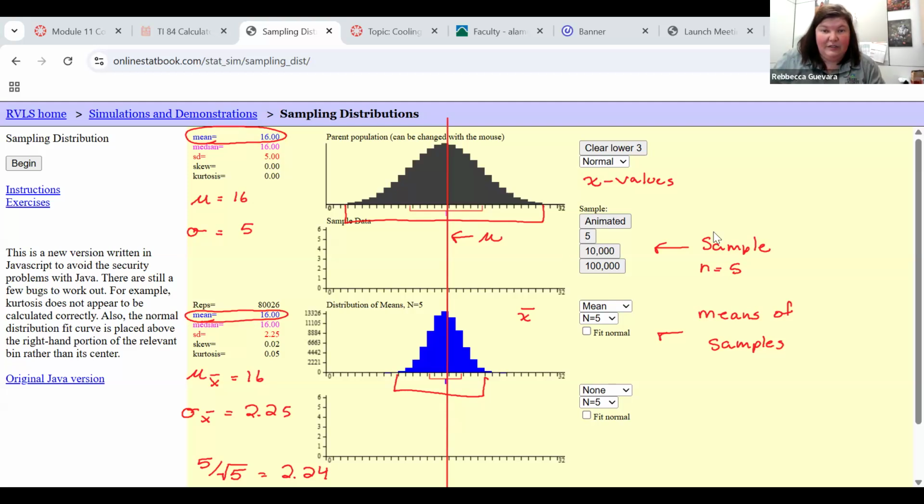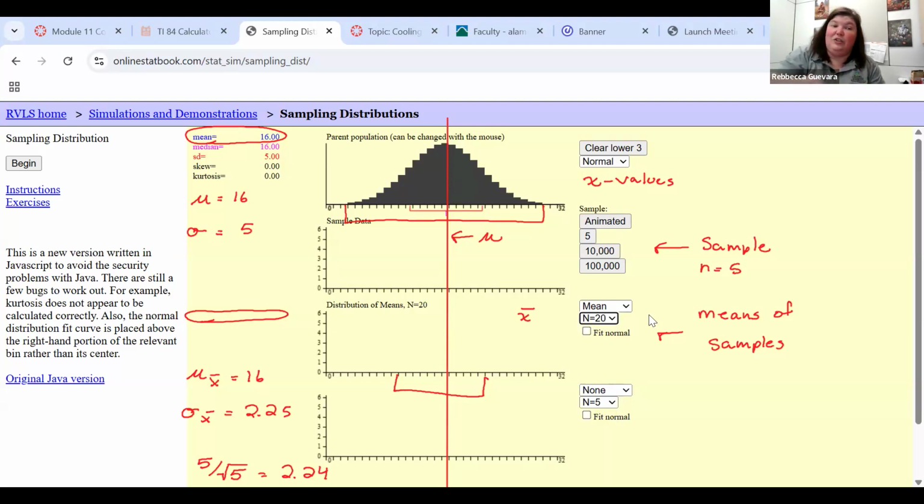So let me clear this, but I'm going to leave some of the spread here because we're going to see what happens now if I take a sample of size, let's say, 20. Those are larger samples. I'm collecting a lot more data, but a lot more of it is centered towards the middle. And when we get that average, it's very close to the middle again.